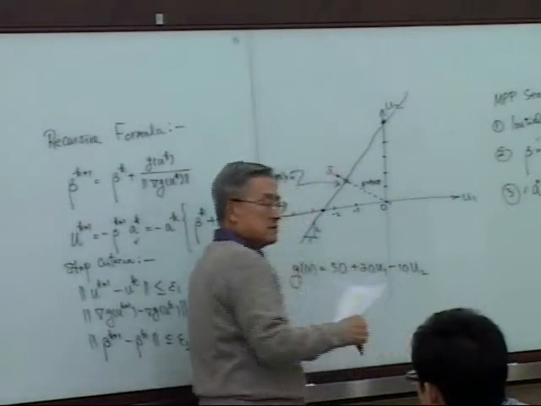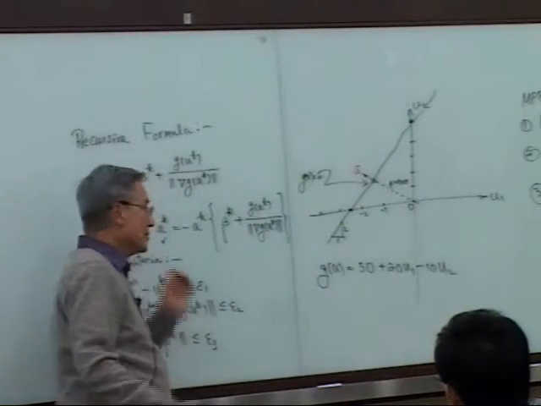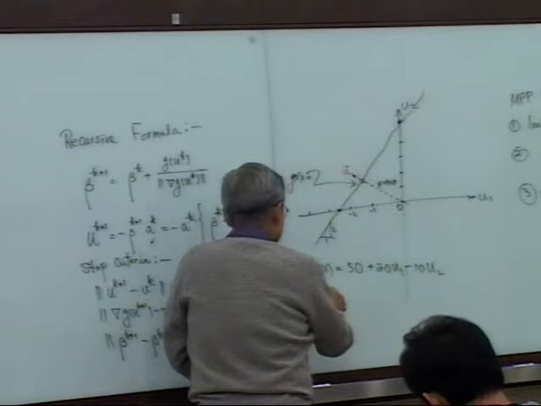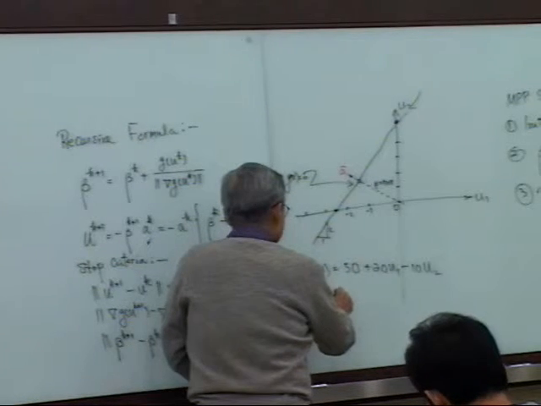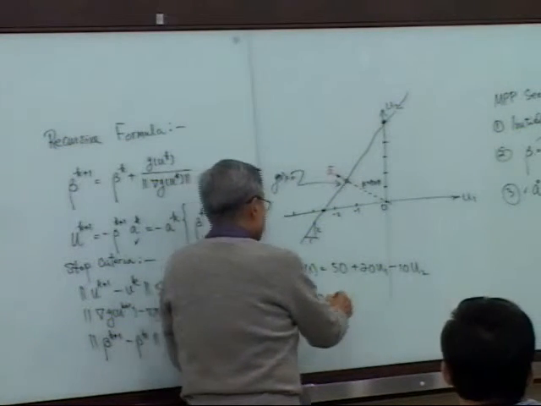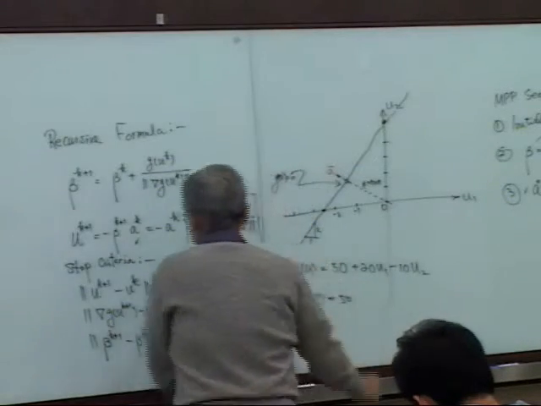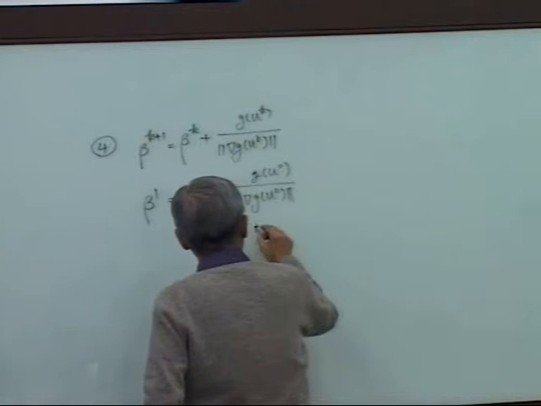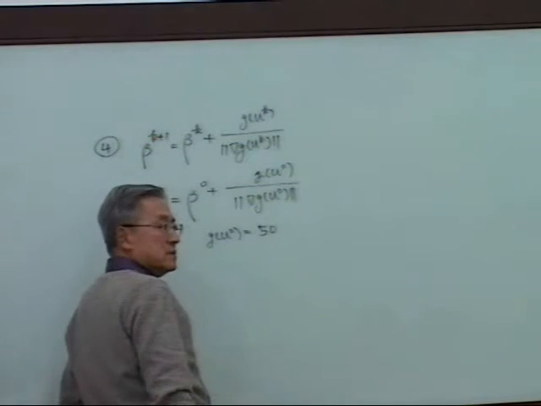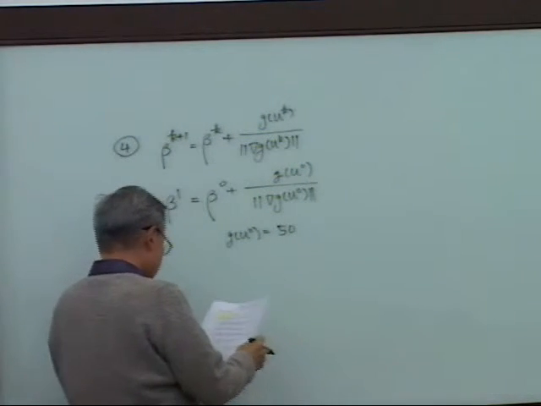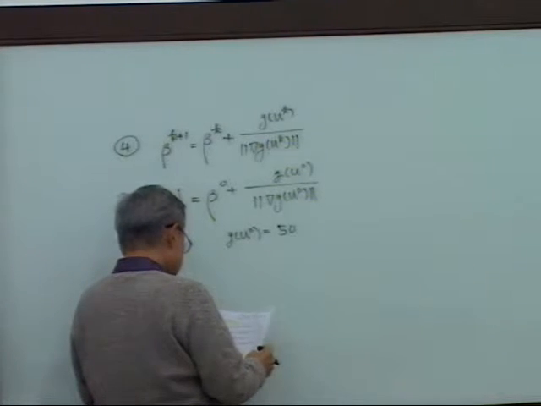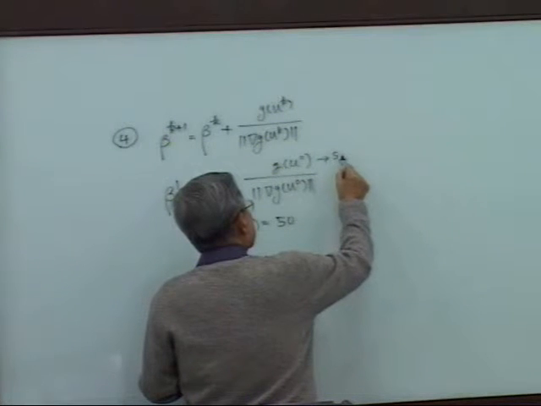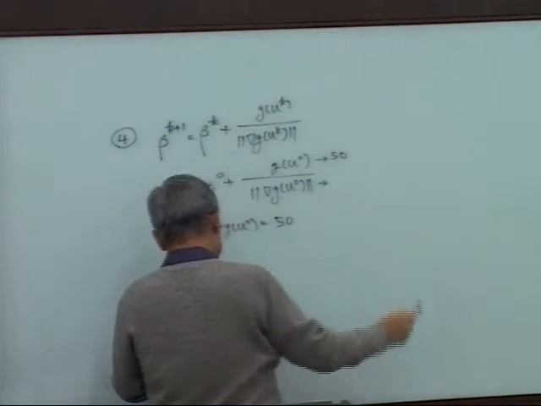Then when u0 is 0, 0, G is equal to 50. Okay, so now this guy is 50. What's this guy?